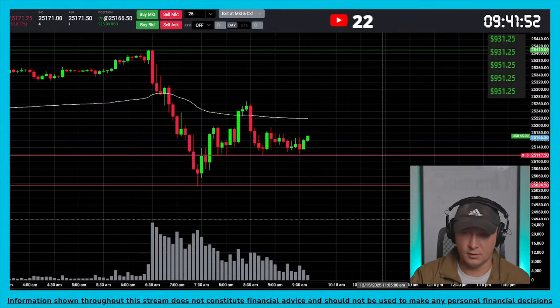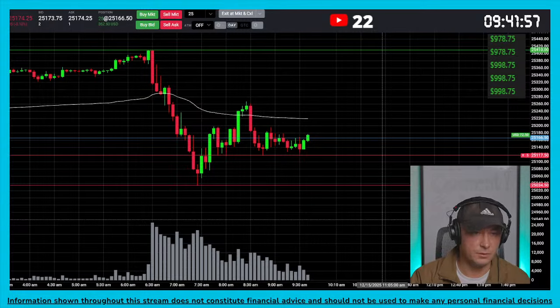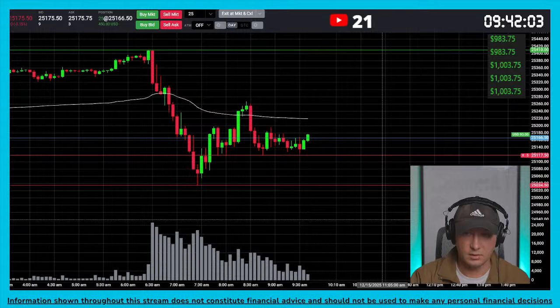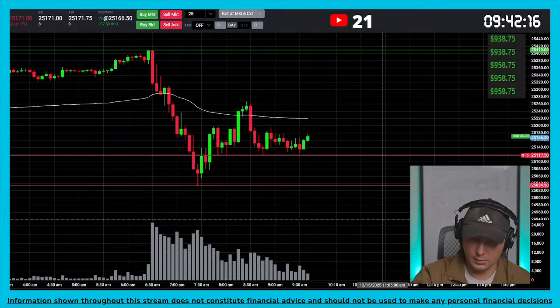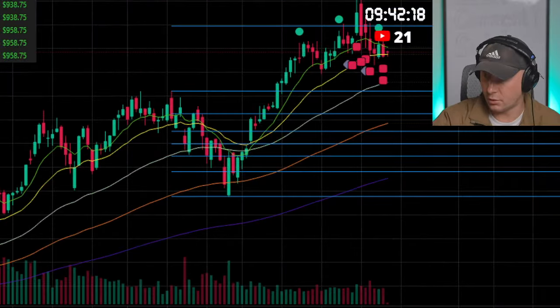I think Nvidia is super overvalued, but maybe I pick up some Nvidia. As much as I hate to say it, I feel like Nvidia could drop down a bit more. While we're looking at that, let me pull up the chart here.